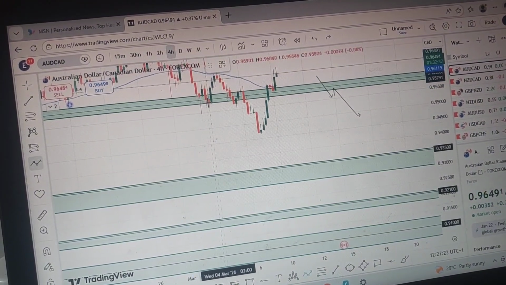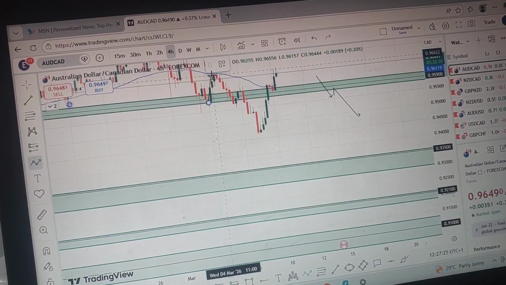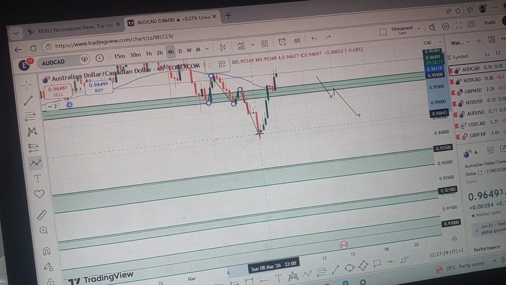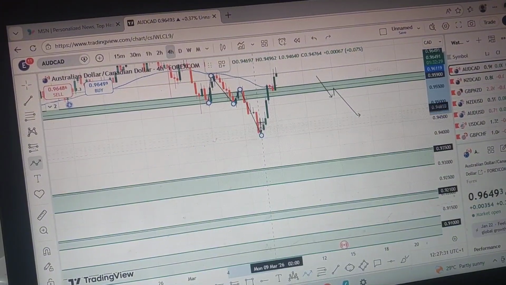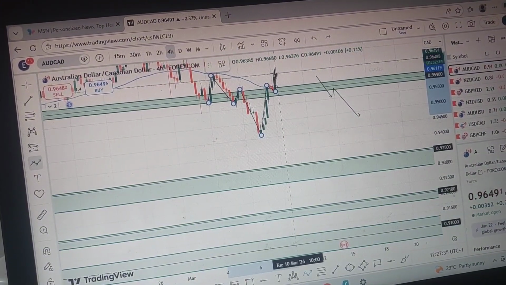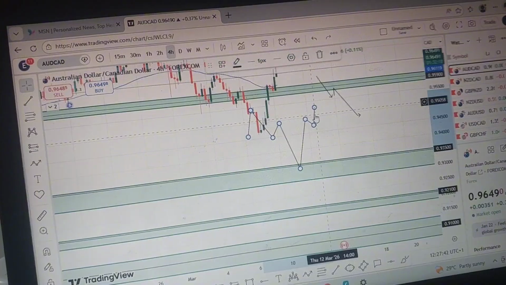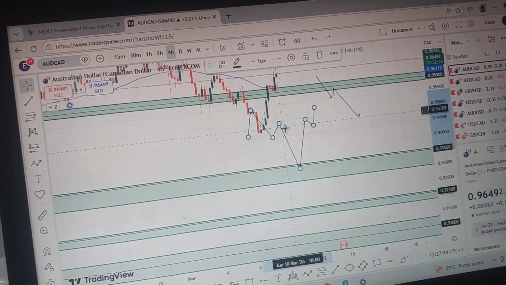This was the lower high, lower low, lower high, lower low, lower low, higher high, higher low, higher high. You see me? So we can clearly see in the 4 hours time frame, we shifted from bearish to bullish.